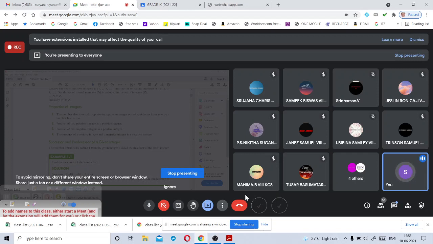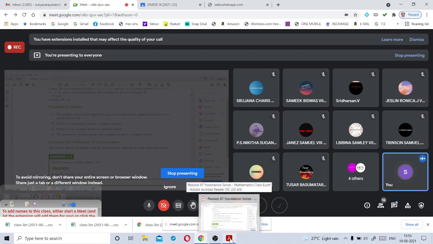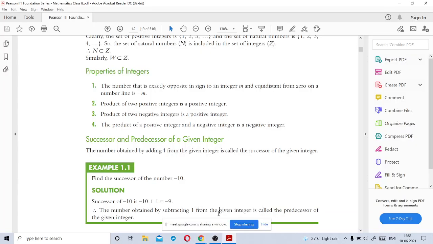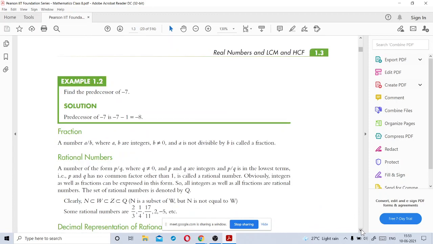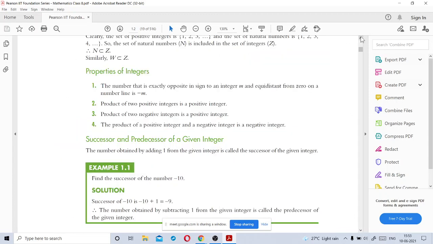Okay, my dear children, got this point? What is a successor and predecessor of a given integer? See here, example also given here. Example 1.1. Observe this example. Find the successor of the number minus 10.